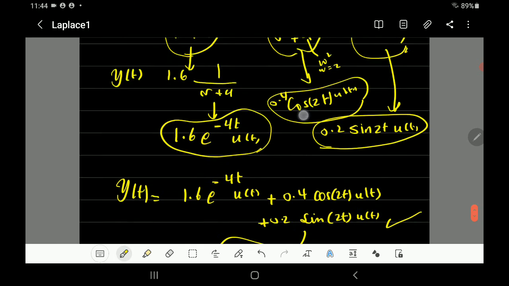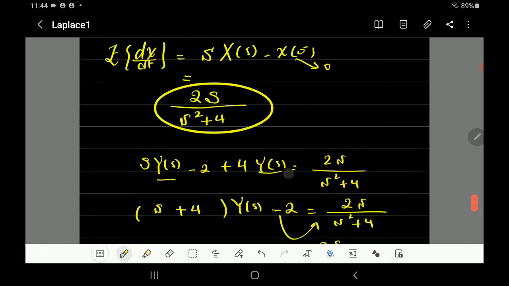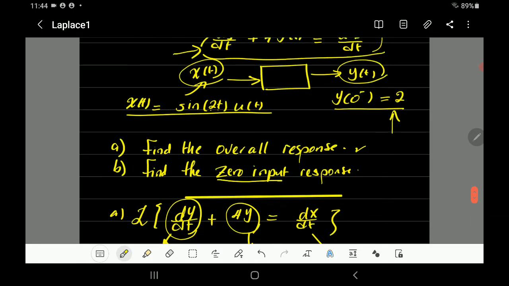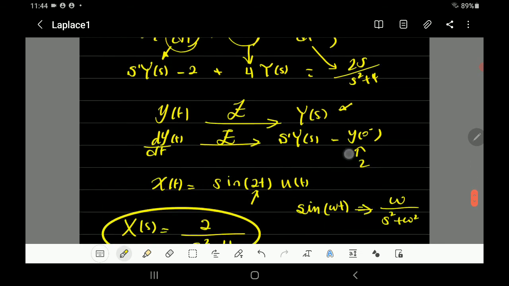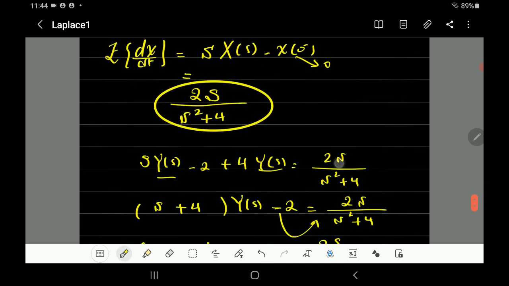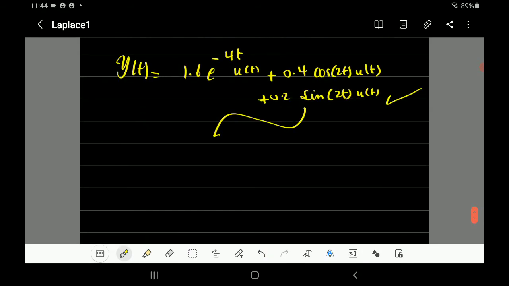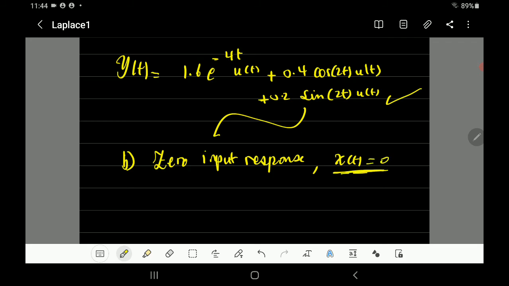All right, part 2, in the same example, they ask to find the zero input response. What does zero input response mean? Let us write it here. Zero input response corresponds to when the input x(t) is equal to 0.